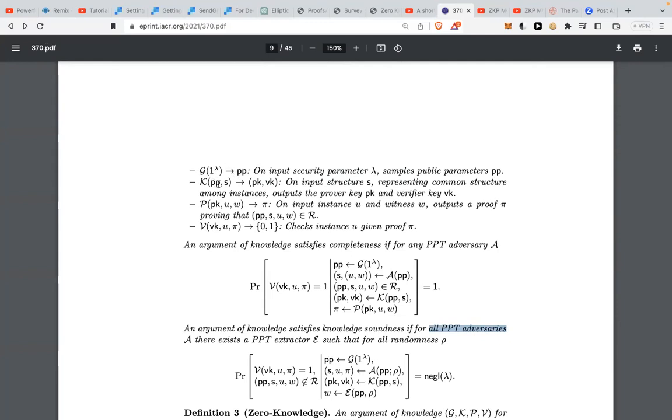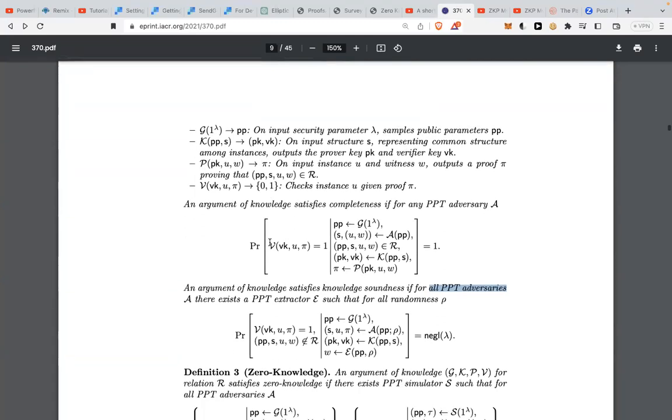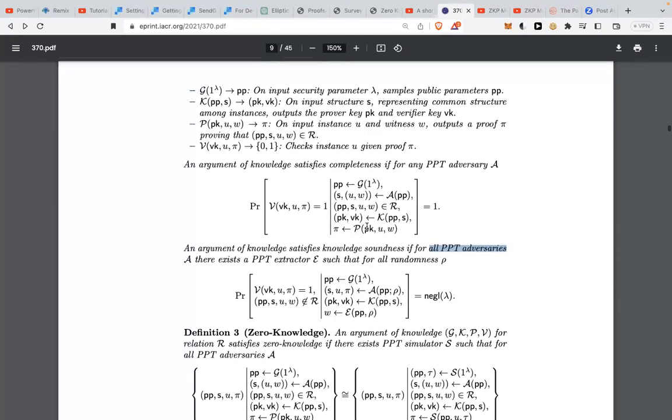This public parameter with some input structure is given to the algorithm K, which outputs the prover key and verifier key. These are used by the prover and verifier. In my presentation I was using these as just public parameters or verifier parameters. This is a different formalism, but mostly it's the same. The prover takes this key, some statement u, and a witness to give some proof, and then the verifier does the same.